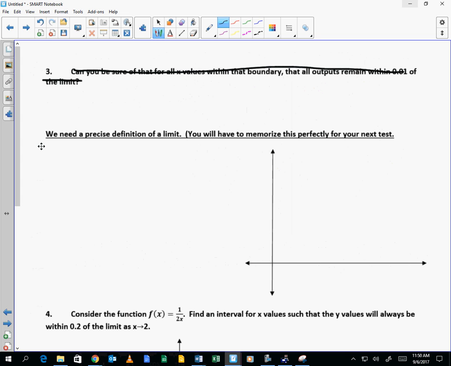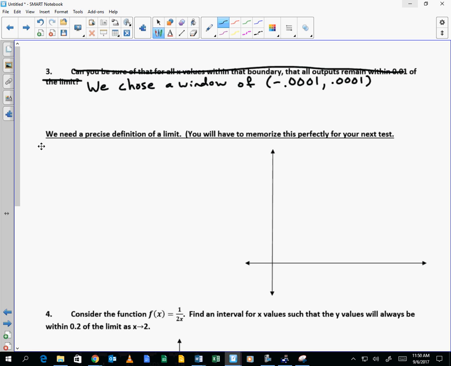I don't like the way I phrased that question. I'm going to make a statement here, okay? And the statement is, we chose a window of negative 0.0001 and 0.0001.